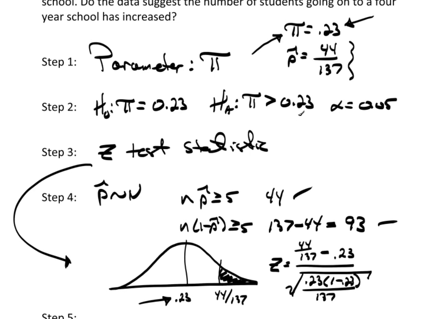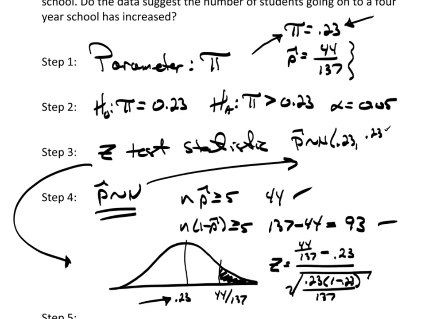So what we're really saying here in terms of the distribution is that not only is p hat distributed normal, but we're suggesting that p hat is distributed normal with a mean of 0.23 and a variance of 0.23 times 1 minus 0.23 over 137. That's what we're suggesting is going on here. This is actually the sort of stuff that we've already done.